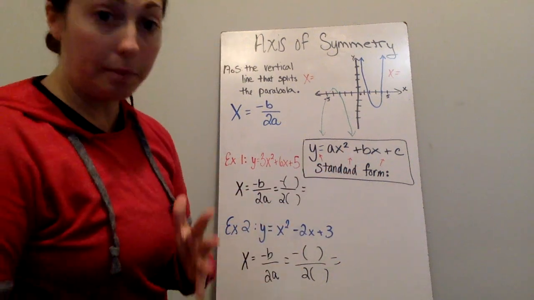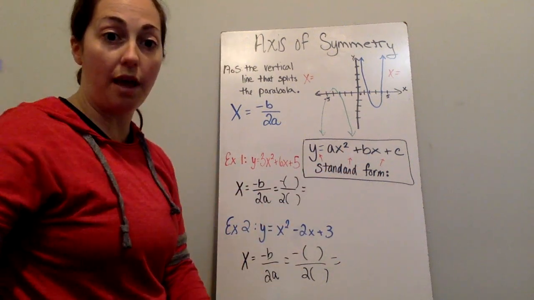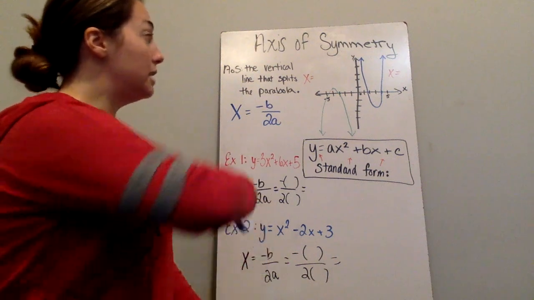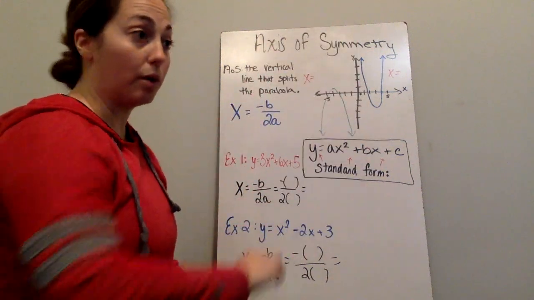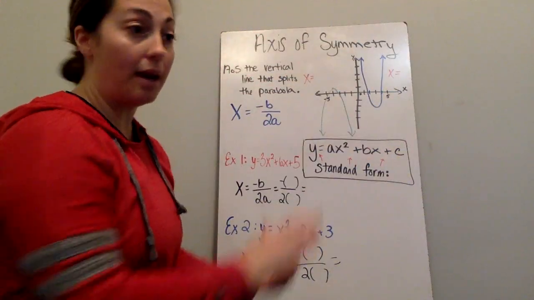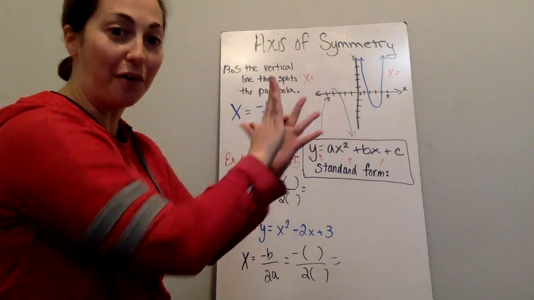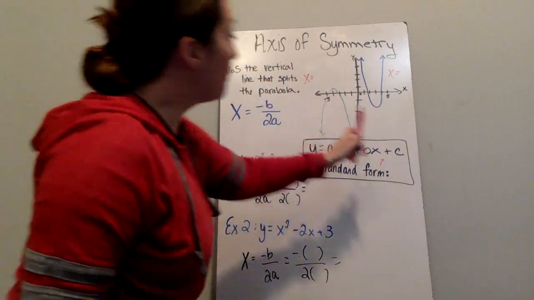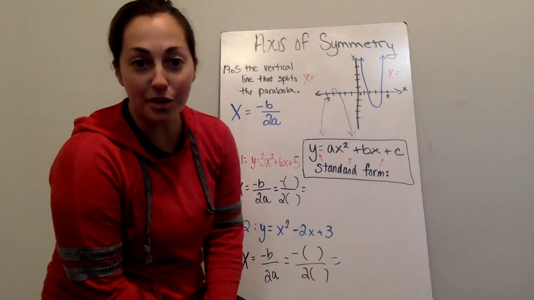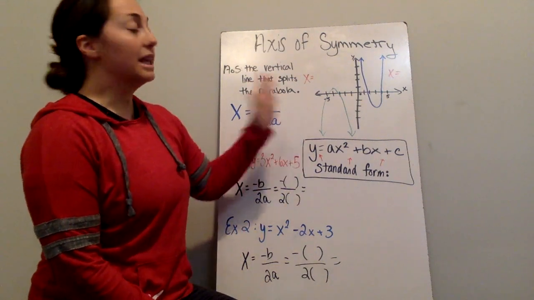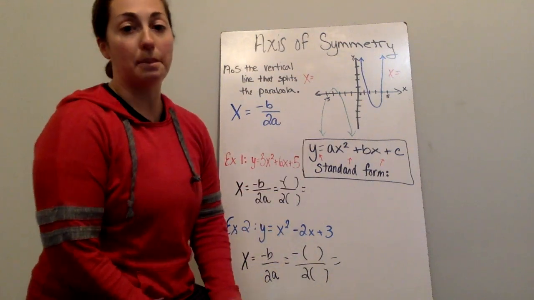Now, quadratics are a little bit more complicated because they aren't just a straight line that goes on forever and ever. They're these curves that loop around, that go up and go down, completely perfect, right? A reflection on the other side. So what the axis of symmetry is, it is the line that splits the parabola.